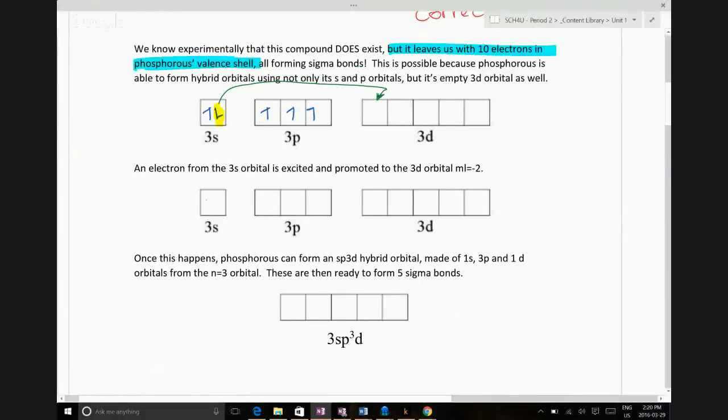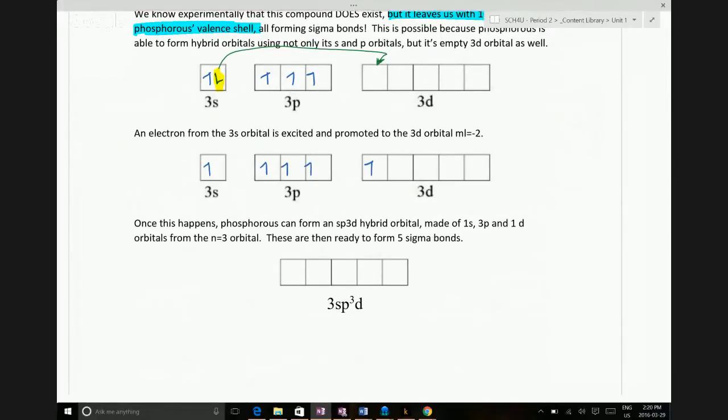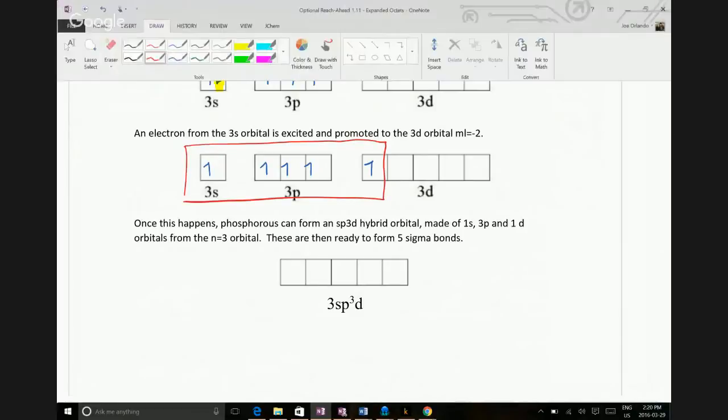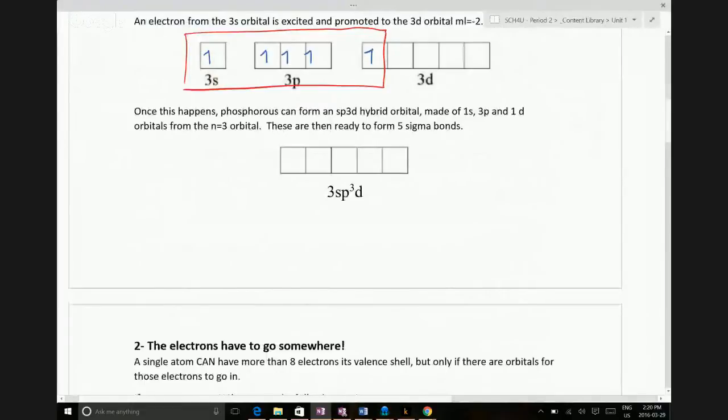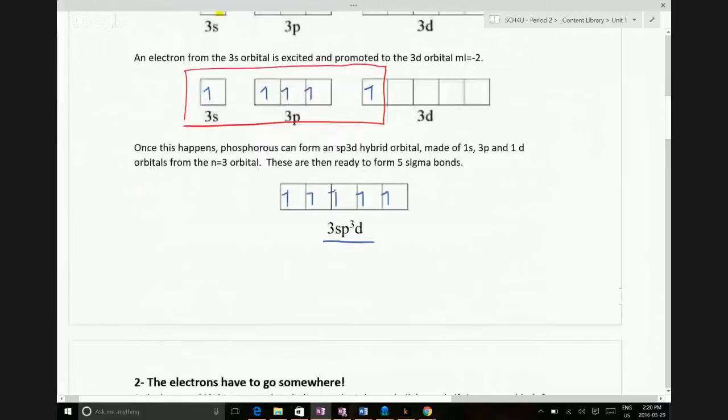And so we end up with 1 electron in 3s, one electron in each of the 3p's, and 1 electron in 3d. Once this happens, these can form a hybrid orbital, and what we end up with is a 3sd orbital. This tells us that it's an orbital made from the 3s, all 3 of the 3p's, and 1 of the 3ds.